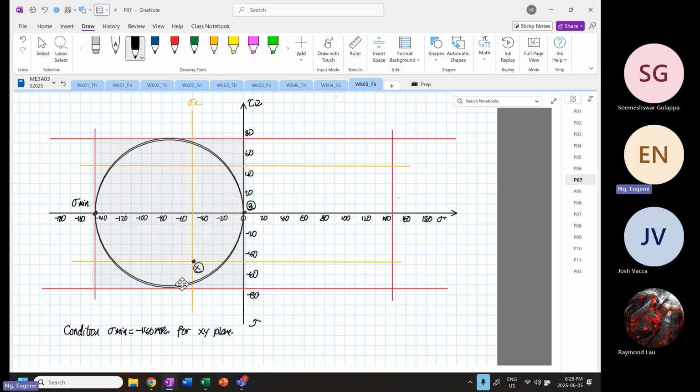This circle that I sketch now touches point X and stress mean. And it cannot be bigger than that.